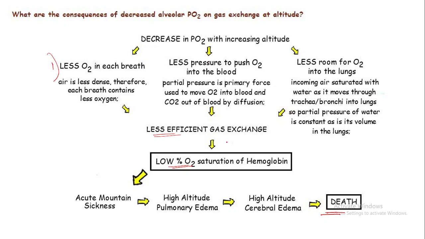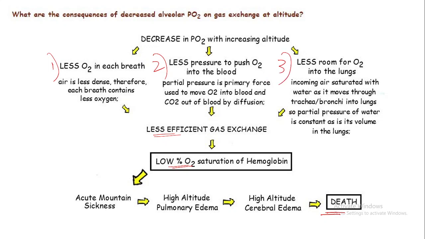Alright. Next thing is decrease in partial pressure with increased altitude. The second situation is that there is less pressure to push oxygen into the blood. Partial pressure is the primary force used to move oxygen into the blood and CO2 out by diffusion. So again, that results in less efficient gas exchange. The third situation is less room for oxygen in the lungs.